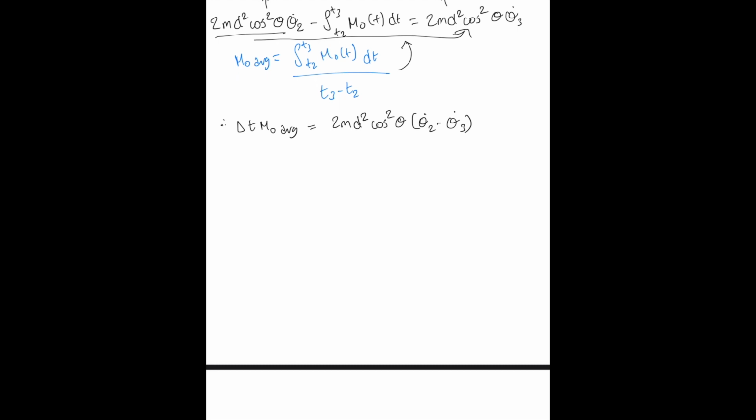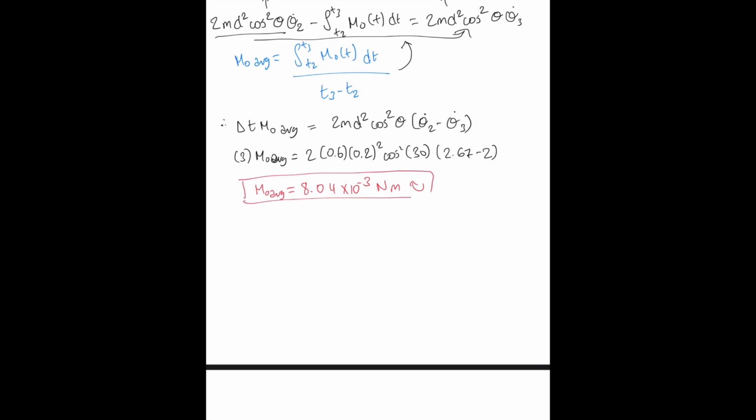And then we're going to plug in our known values to get a final answer of the average moment equals 8.04 times 10 to the minus 3 newton meters in this direction.